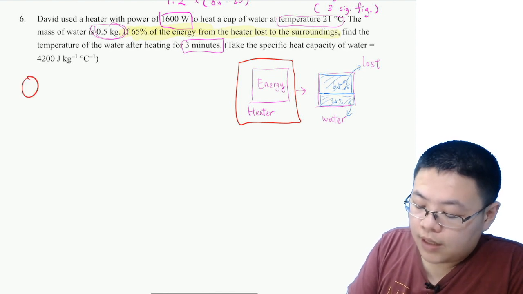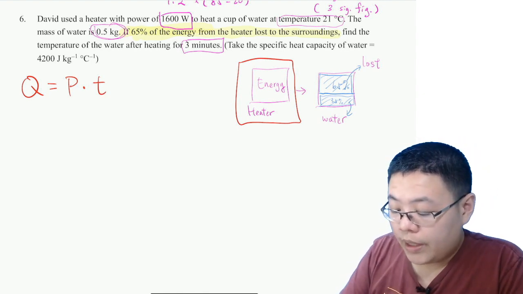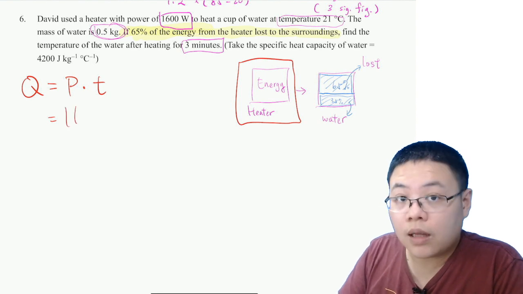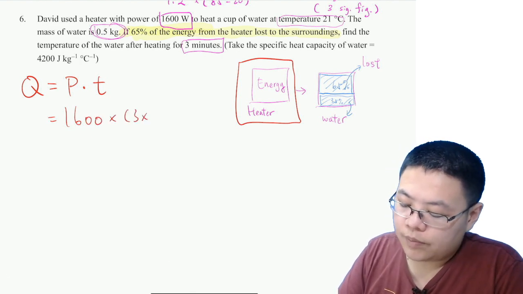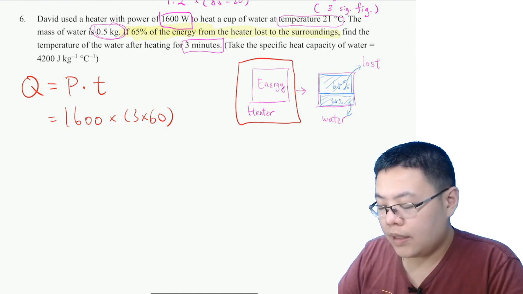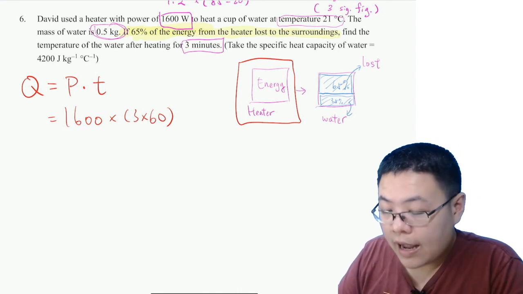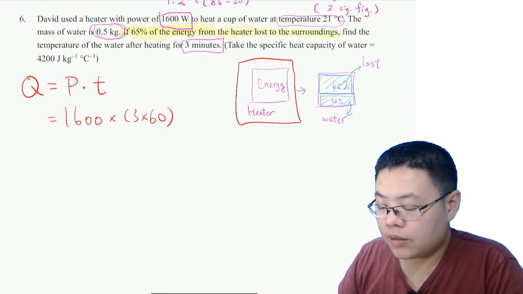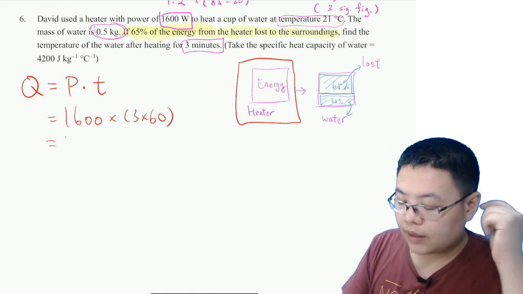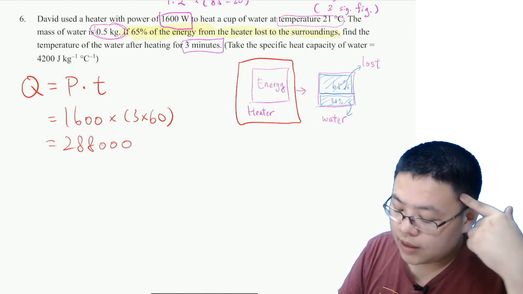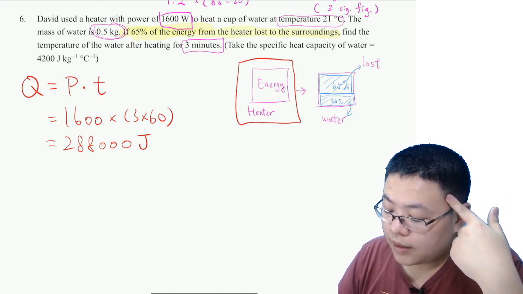Okay, first, heat energy equals power times T, PT, and the power here before the loss is 1600, 1600 times 3 times 60 seconds. Remember to convert to seconds every time because power W is joule per second, so you have to convert it to seconds to calculate the correct answer. 1600 times 3 times 60 equals 288000 joule, and this is the energy provided by the heater.